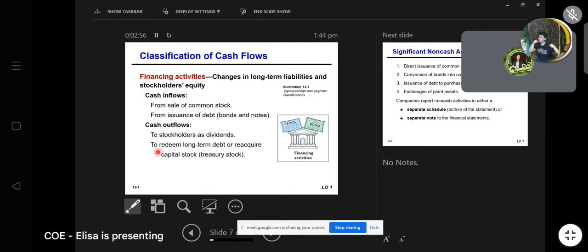One is, you can finance your own operation, just like ni attorney, 100% gi-finance niya ang iyang operation. Pag-start niya, gi-finance niya iyang operation sa 150,000. So these are cash inflows from the contribution coming from the owner. Now, in the case here, it is from sale of common stock.